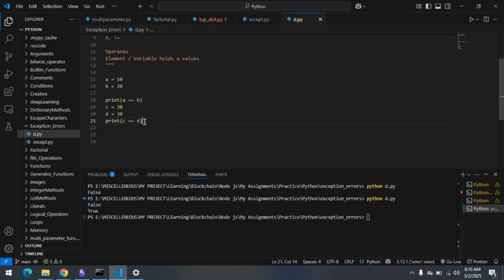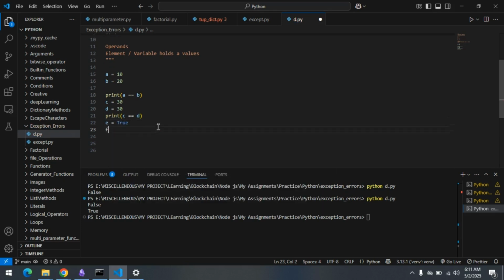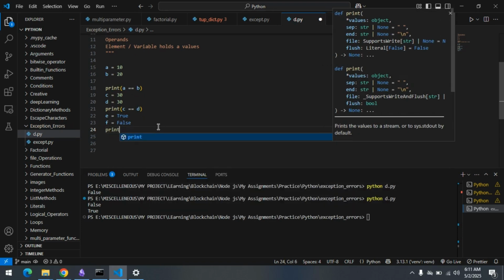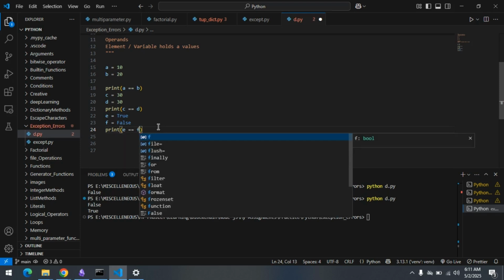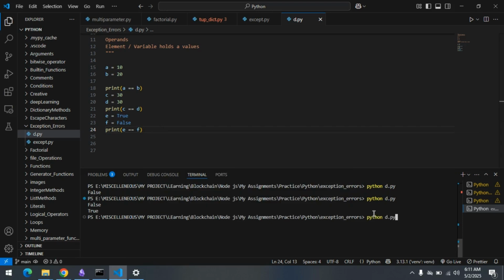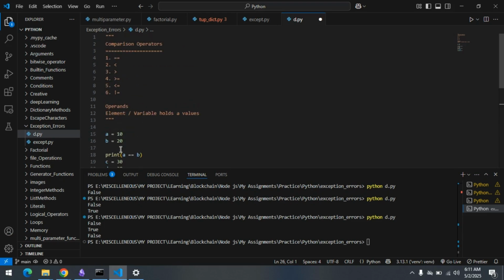It's true now because both the values are 30, equal. Okay. So E is true and F is false. This too would check the values of E and F, and then it will tell us if it's true or false. It's false. Okay. All right, let's move to the next one.